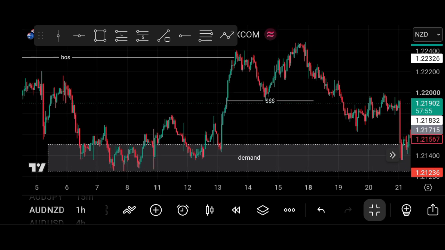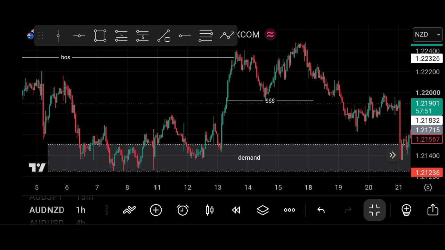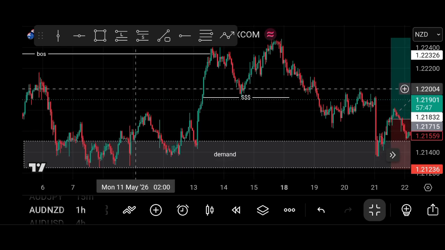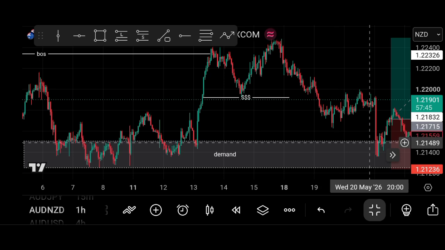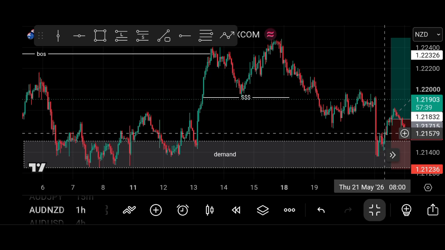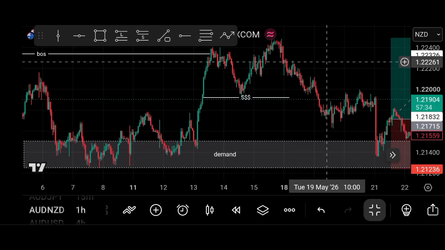This candle here is the candle that we are looking out for. Once price closes above this last bearish candle, it's one of the confirmations for you to enter. So that means someone can enter here, put your stop loss below the demand area and target this high.